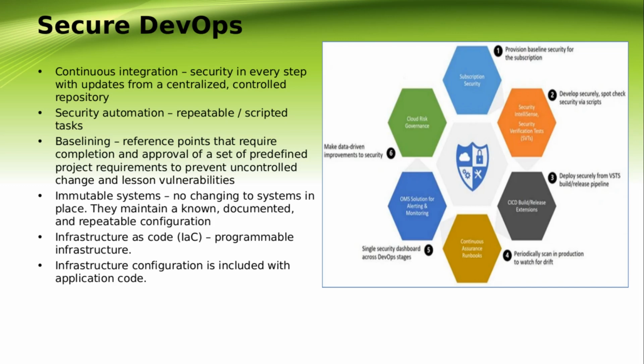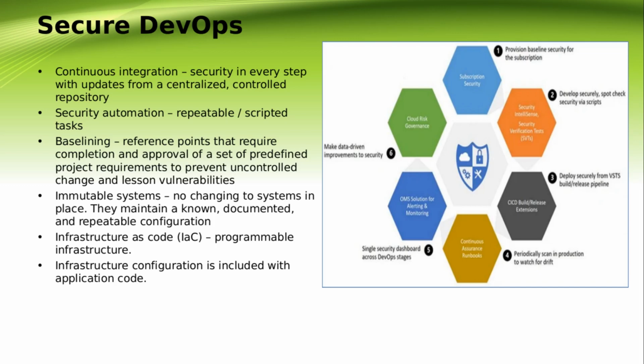Immutable systems mean no change to systems in place; they maintain documented and repeatable configurations. Infrastructure as code: programmable infrastructure configuration is included with application code.